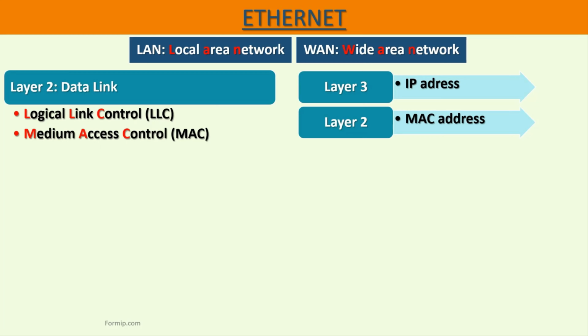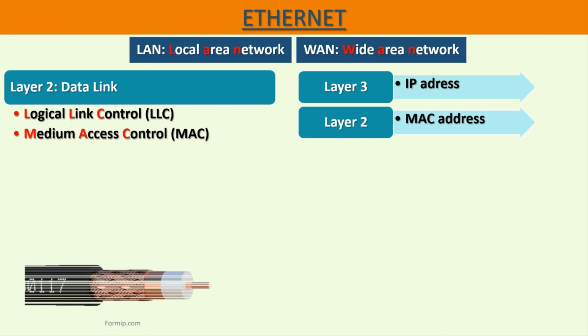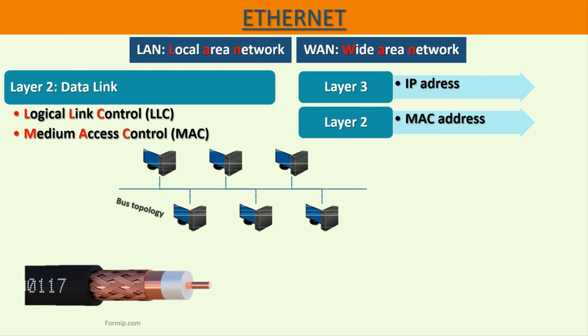A long time ago, all computers on the same network were connected to a single, long black coaxial cable. This was our physical hardware. The topology used at that time with this type of cable was a bus topology. A network like this was semi-duplex, which meant that only one computer could send traffic and the others had to wait.